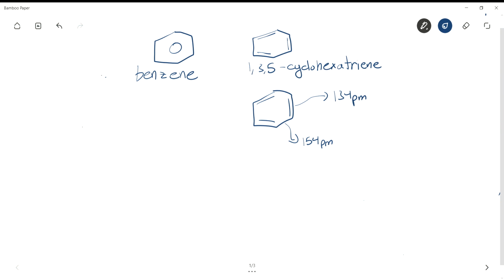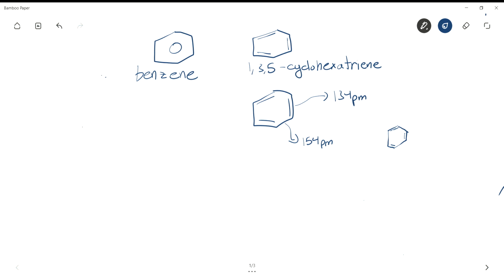So what you would end up realizing is that you actually have a lopsided molecule with varying lengths. The double bonds would be shorter and your single bonds would be longer. And you wouldn't end up with a symmetrical molecule. It would be kind of odd shaped because of this.